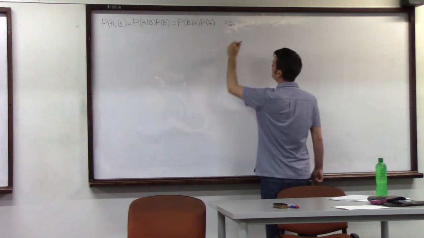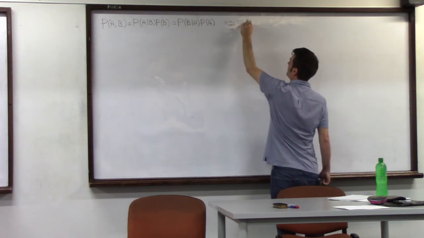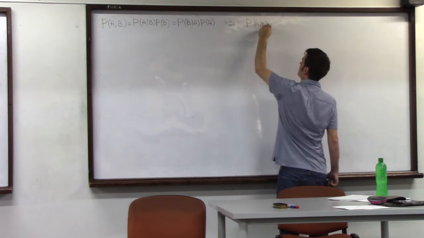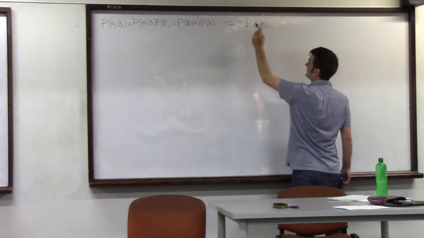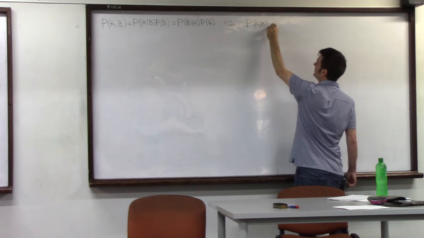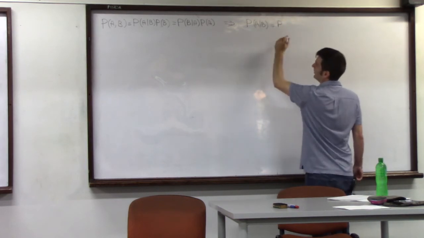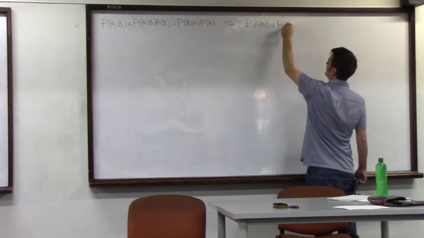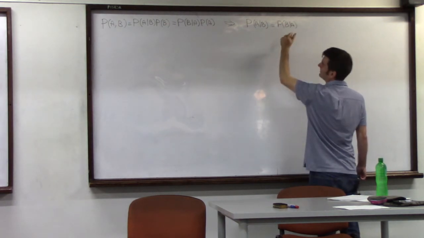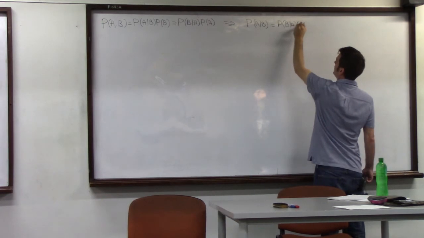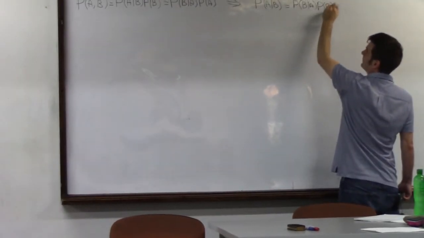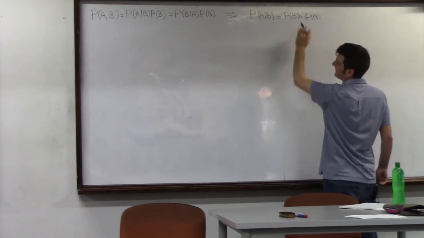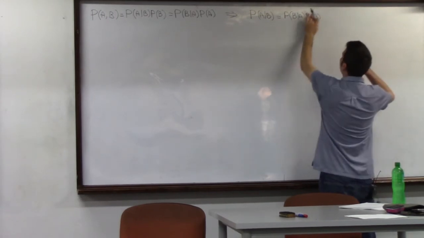Or I can rearrange terms and write the probability of A given B is equal to the probability of B given A times P of B. And of course, I made a mistake.